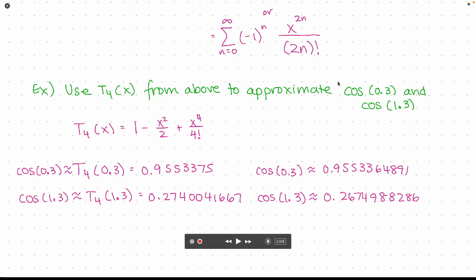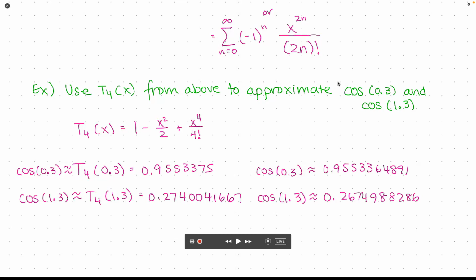Any other questions? Oh, yes. When a problem goes to approximate like a cosine 1.3, for example, using Taylor series, would you use 0 or would you use 1 or C? That's an excellent question. If you have a calculator, use 1, because that's closer to 1.3. But if you're doing this by hand, use 0, knowing that it's not going to be as good an approximation, because cosine of 1, I don't know what that is.